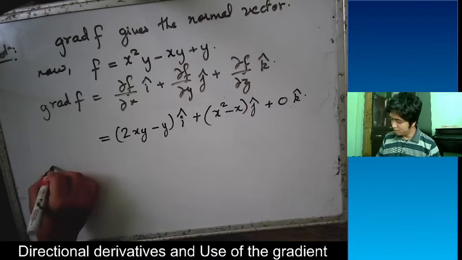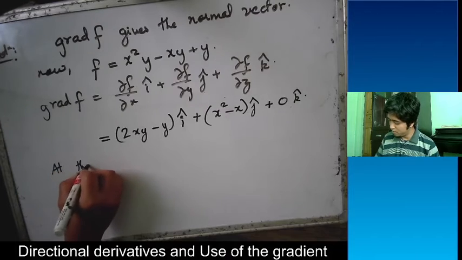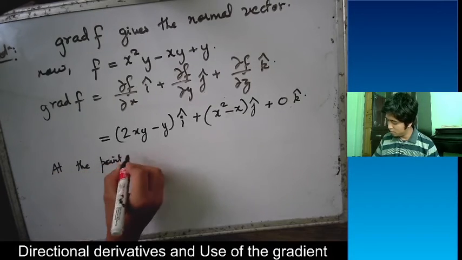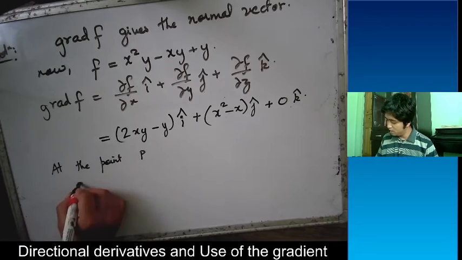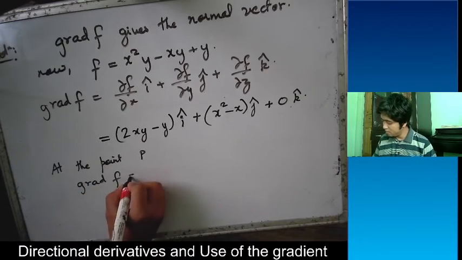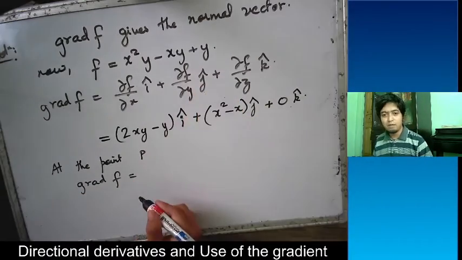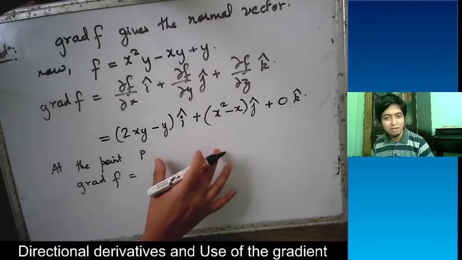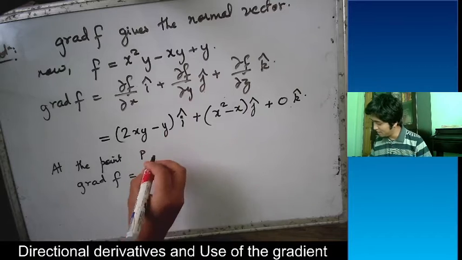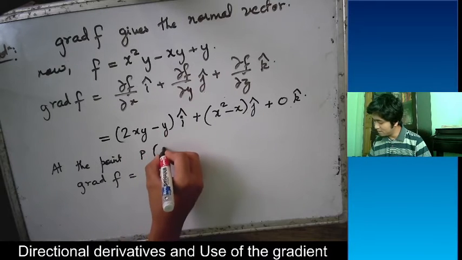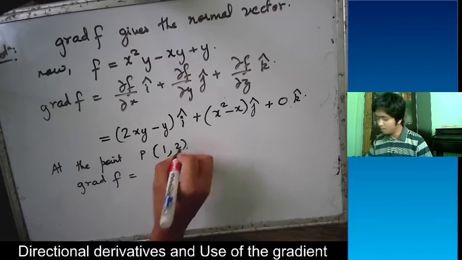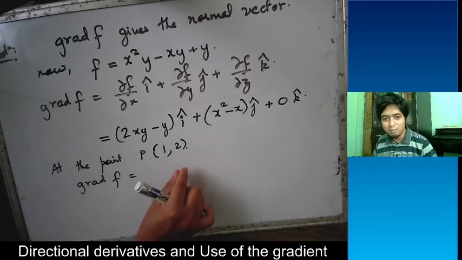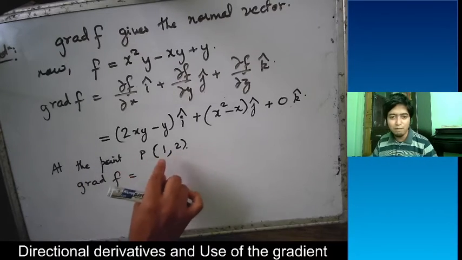Okay, so at the point P, grad f at P, I forgot the point. Okay, at the point P, I forgot how much was the point that I had given. Okay, let us just take, maybe (1, 2). Okay, just make some corrections. Let us take the point P equal (1, 2).